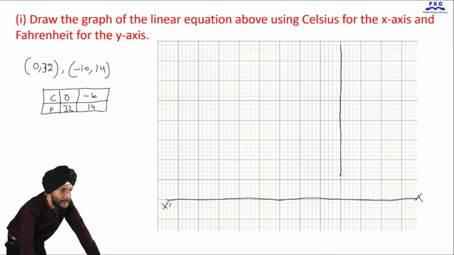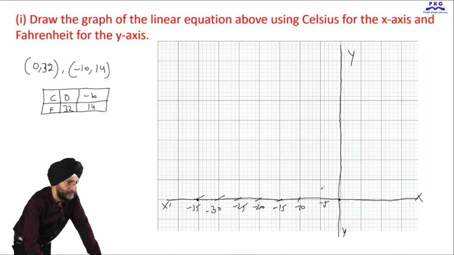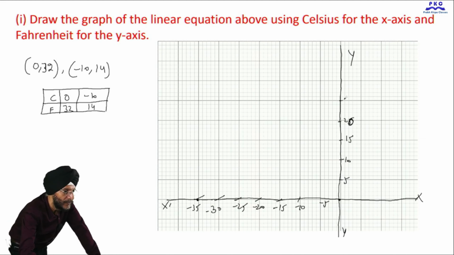This is the y-axis. -5, -10, -15, -20, -25, -30, -35. So here it is 5, 10, 15, 20, 25, 30, 35.